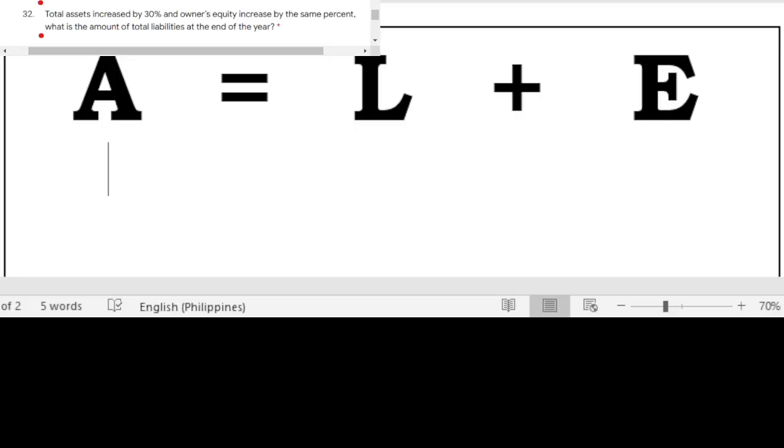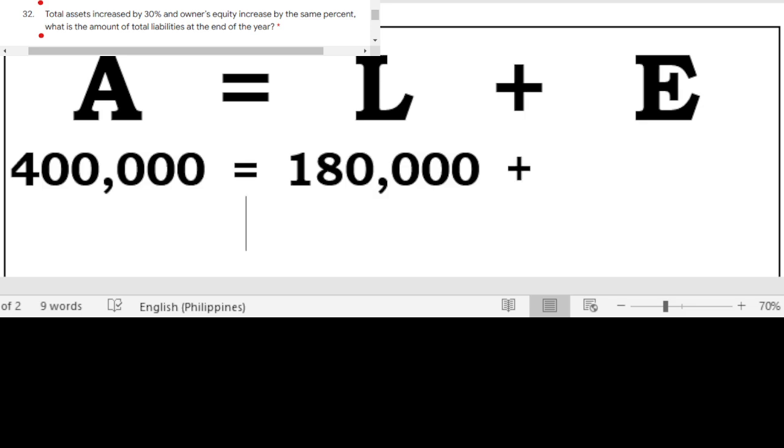Okay, now again, using our basic accounting equation, we have assets is equal to liability plus equity. Let's plot the given. We have assets of 400,000, liabilities of 180,000, and equity is not given.